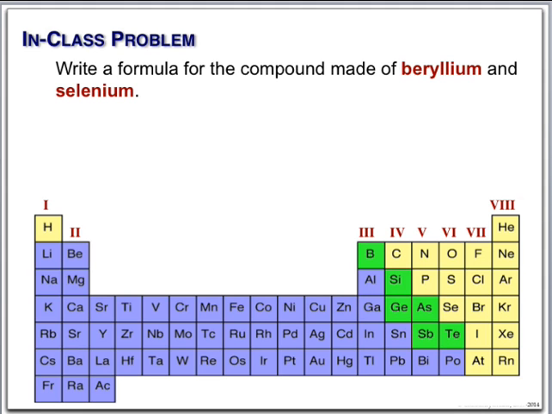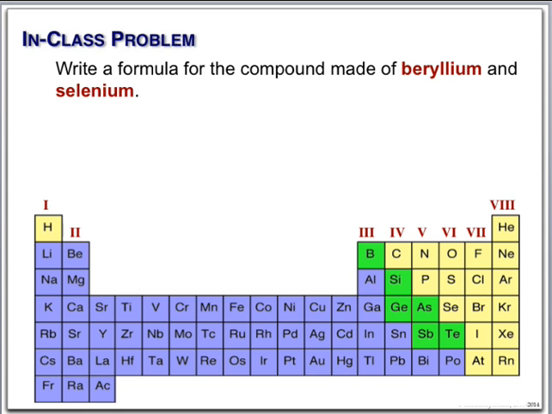Step 1, we have to find them. Beryllium is this guy right here, isn't it? In group 2. Because it's in group 2, it's going to want to form a +2 cation. Selenium. Selenium is over here, just below sulfur.